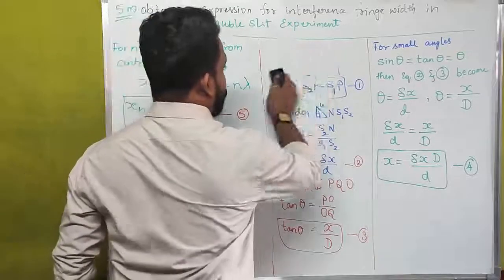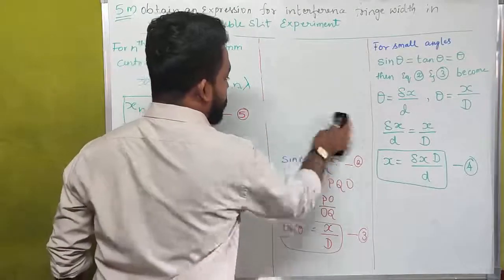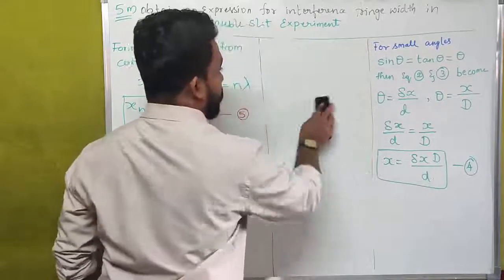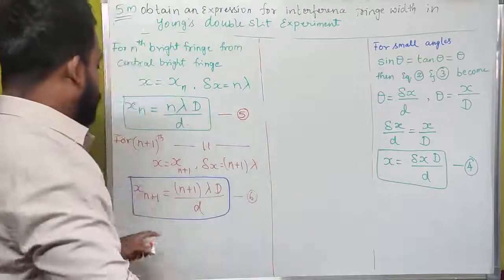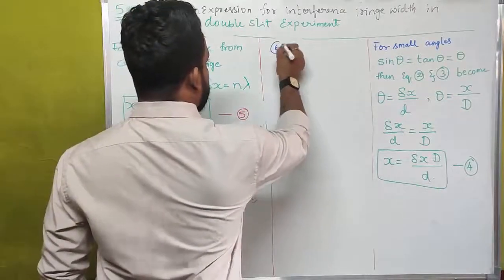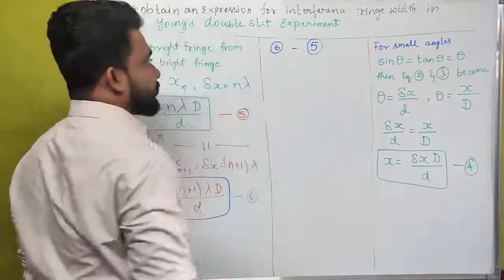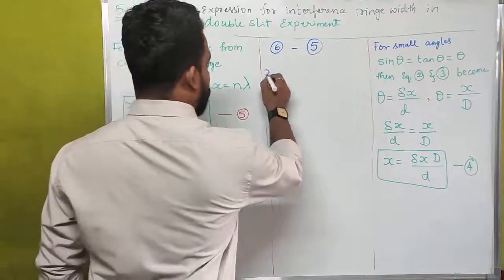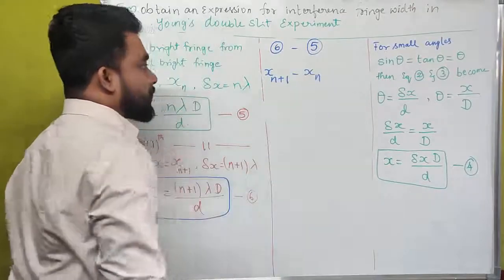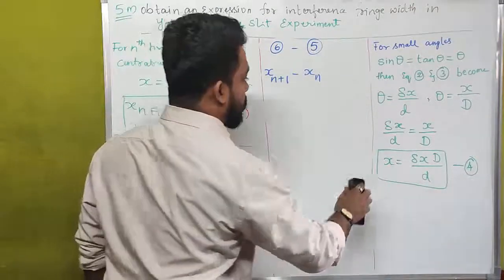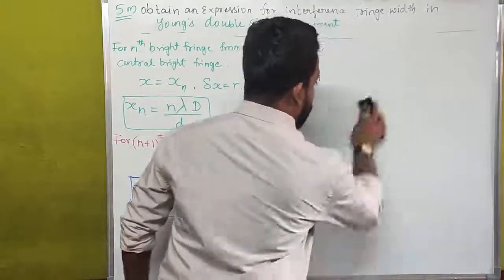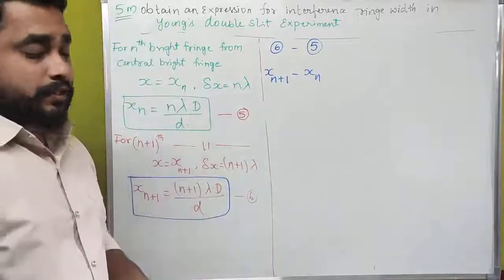For that, we have to subtract equation 5 from equation 6. If we subtract equation 5 from equation 6, what we will get is xn plus 1 minus xn is equal to what?